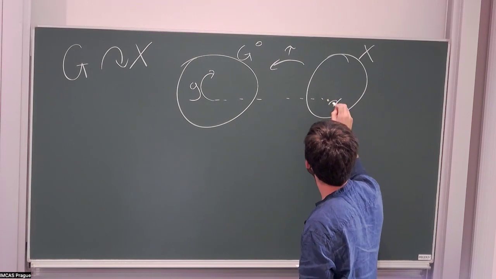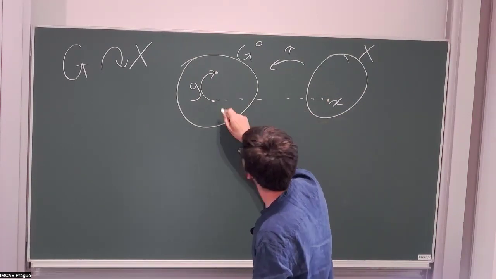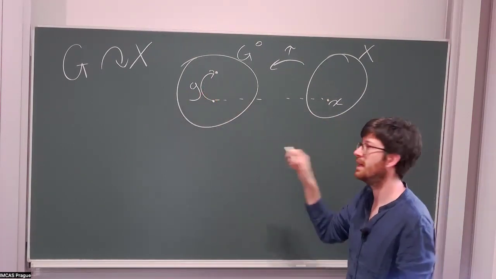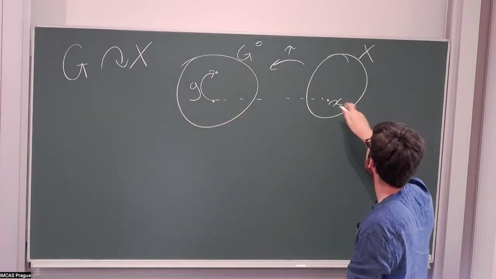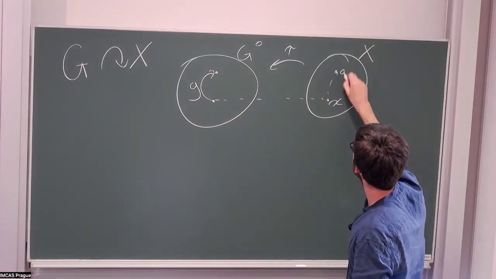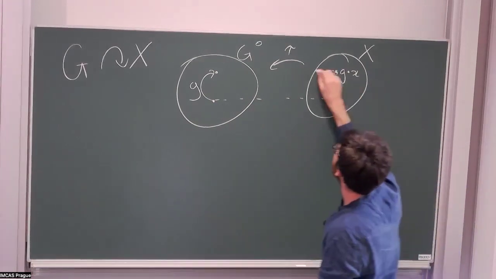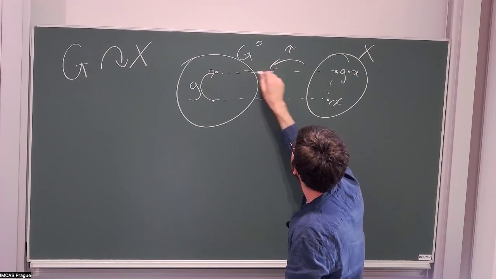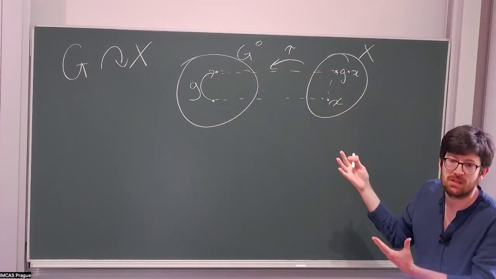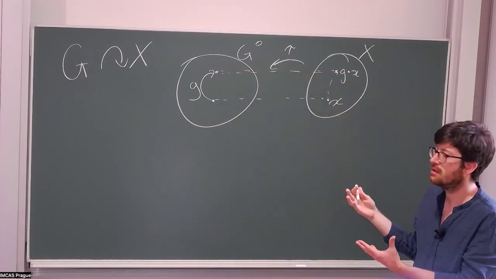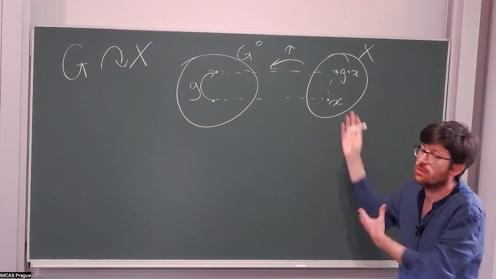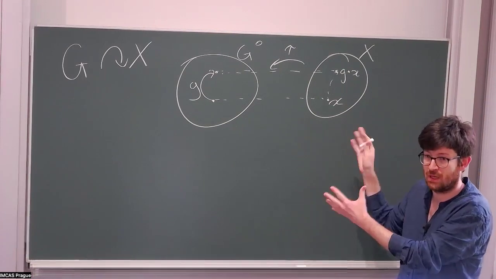And the point is, if the anchor here matches up with the source of the arrow, you're allowed to act on this and bring it to some g dot x, which is then going to match up with the range here. So this is the extra information that you need for a groupoid action, and otherwise it's just like a group action.